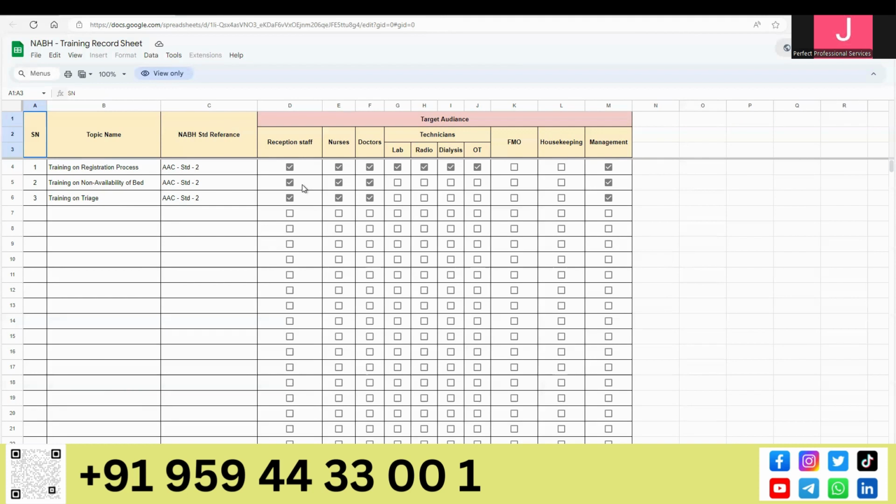That will be for reception staff, nurses, doctors. Training on triage will be for reception staff, nurses, and doctors. So this all will be the target audience for your trainings. The frequency of training will totally depend on organization policy, but first of all, when staff is joining, at that time we have to give it, or whenever there are changes, at that time we have to give the training.